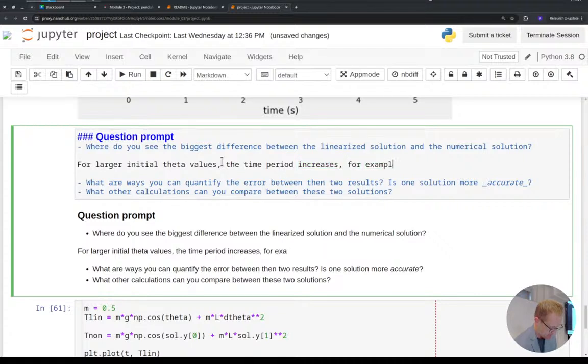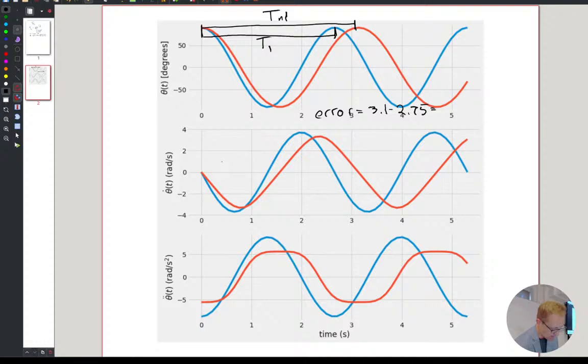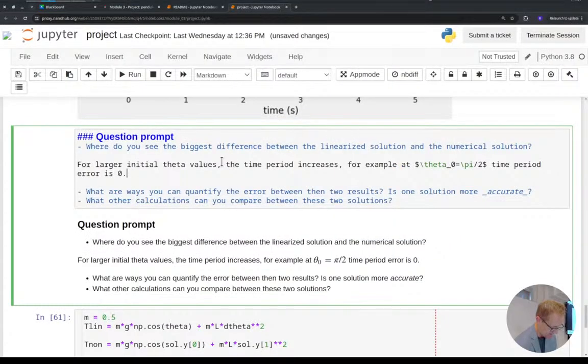For example, at theta 0 equals pi over 2, time period error is... what did I say? 0.26. This is how I would try to explain, hey, these are the important things that I'm seeing here.